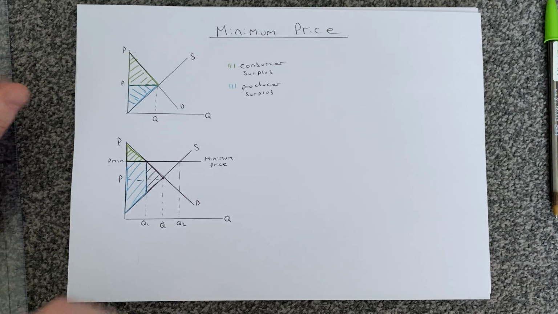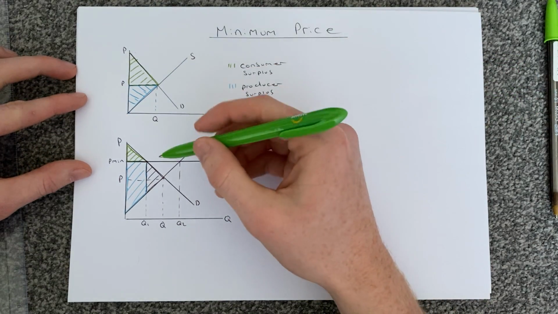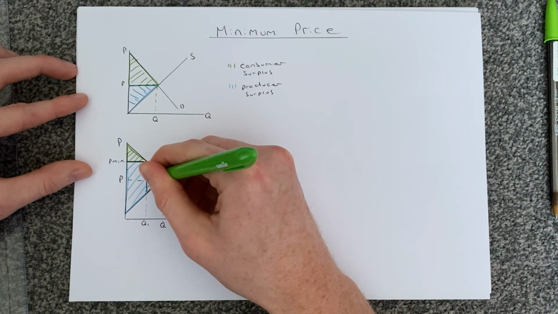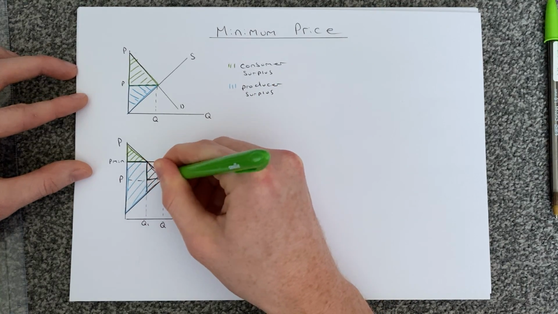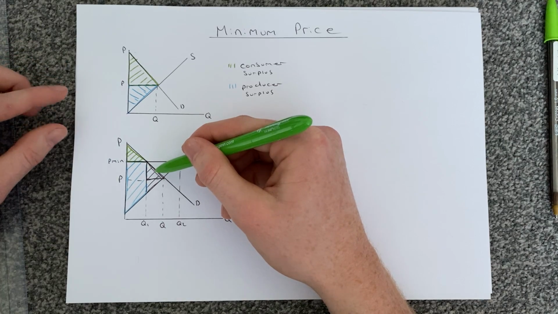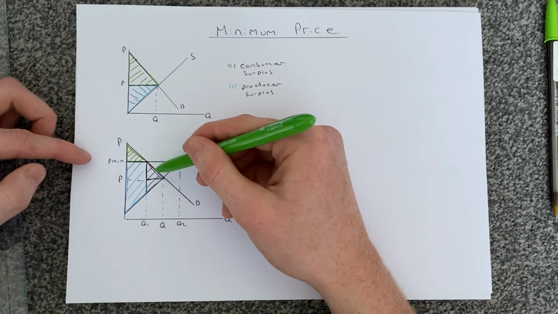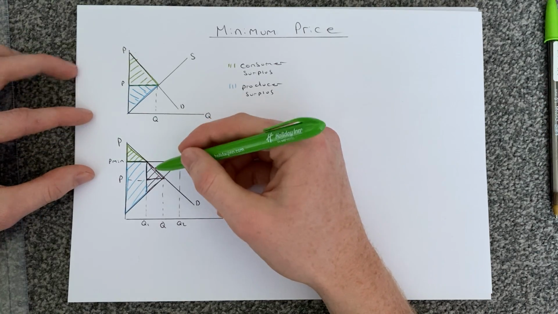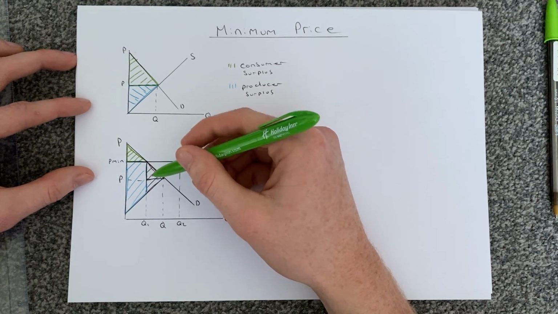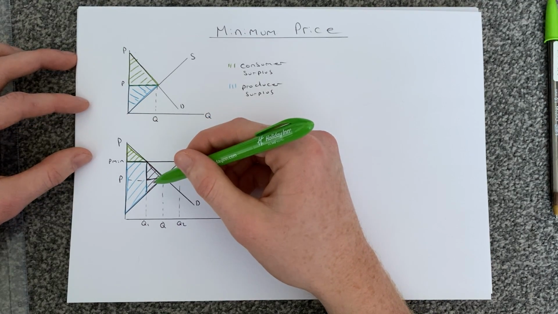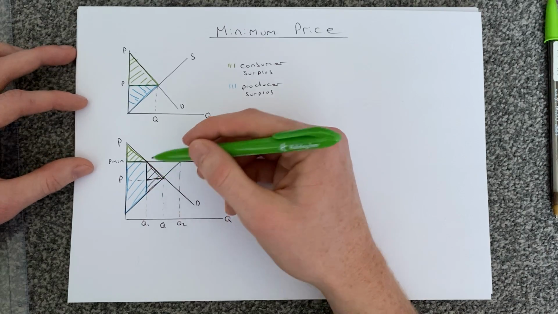The reason it is a welfare loss is because this top triangle within the welfare loss previously used to be part of consumer surplus, but consumers aren't willing and able to buy as much now because of the rising price from P to P min, and producers aren't going to produce the products if consumers aren't going to buy them.